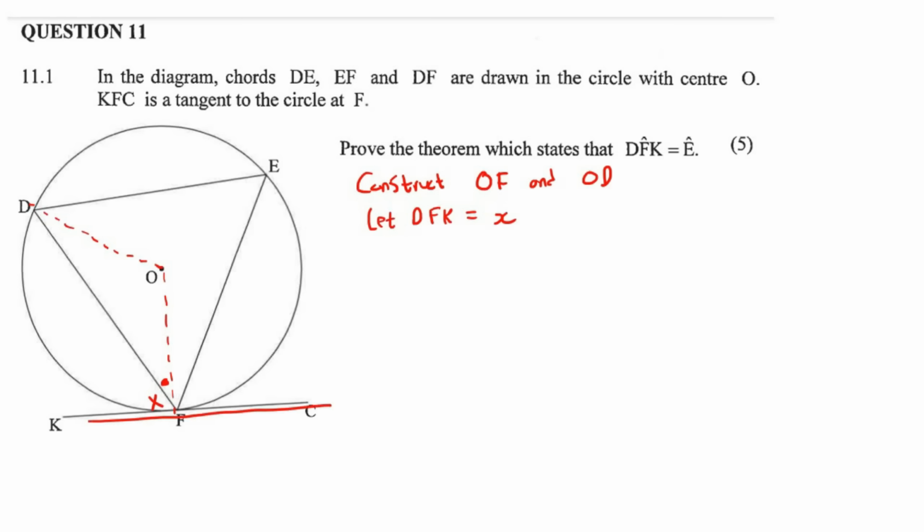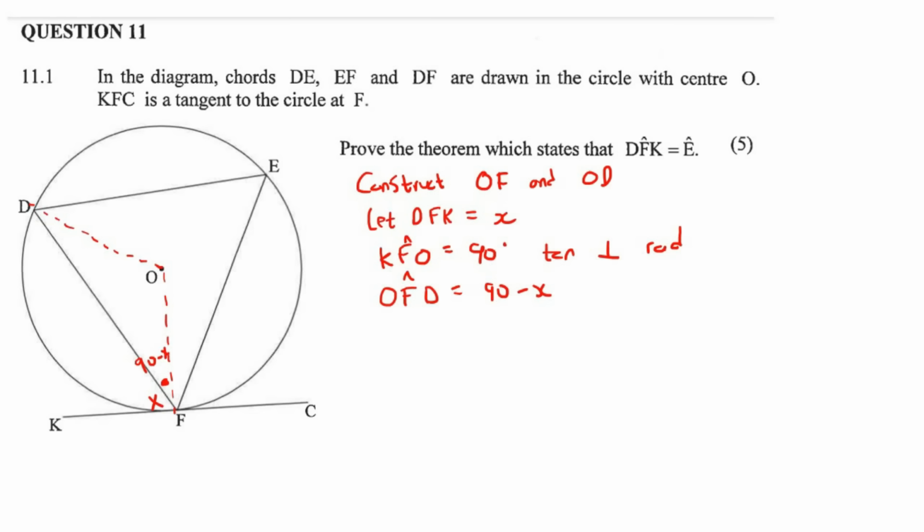Because this is a tangent, and this line that we've just constructed is a radius. So let's quickly say that angle KFO is 90 degrees, and that's just because of tangent being perpendicular to a radius. So then we can work out this little angle, which I will call OFD, and that's just going to be 90 minus x. That just follows from what we've already said.